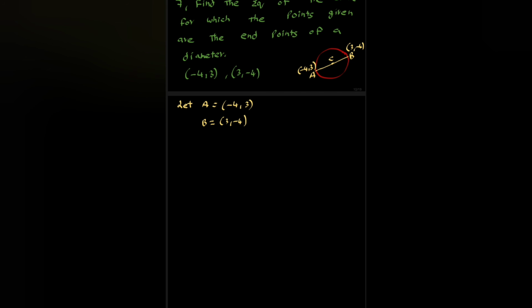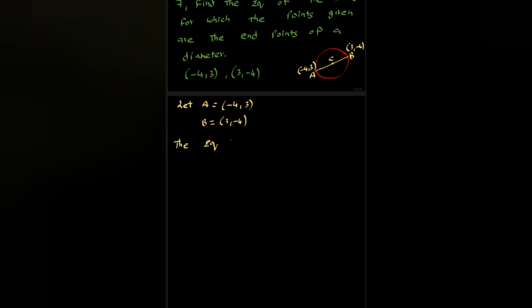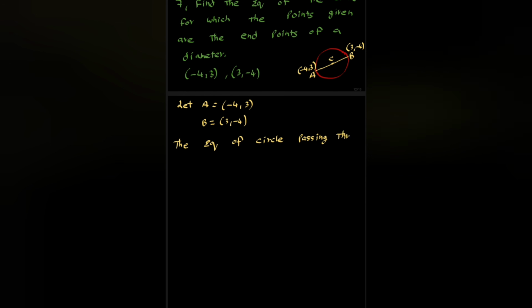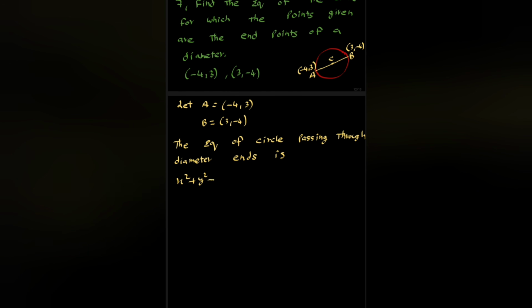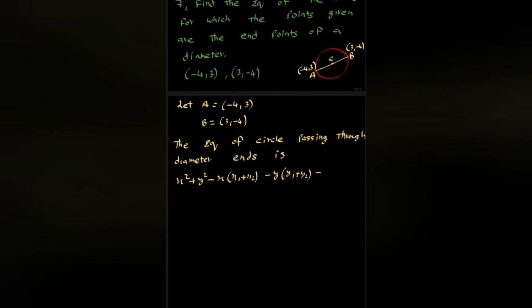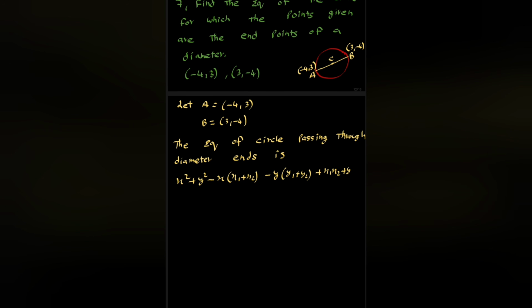So the equation of the circle passing through diameter ends is, we have a formula, that is x square plus y square minus x into x1 plus x2 minus y into y1 plus y2 plus x1 x2 plus y1 y2 equal to 0.